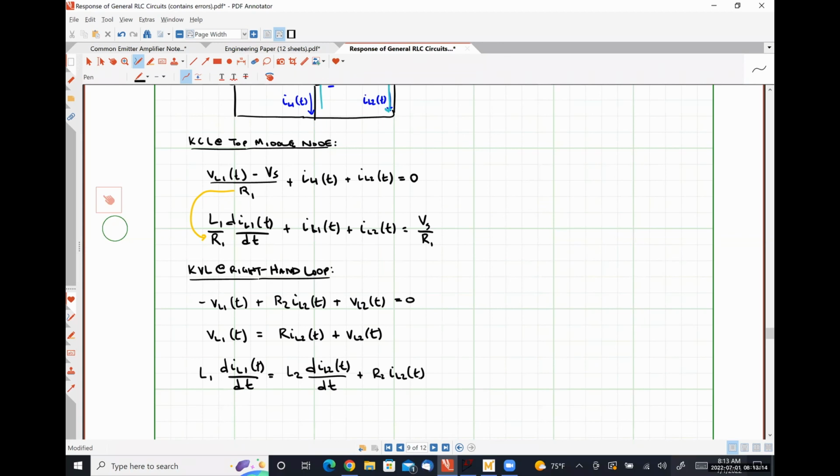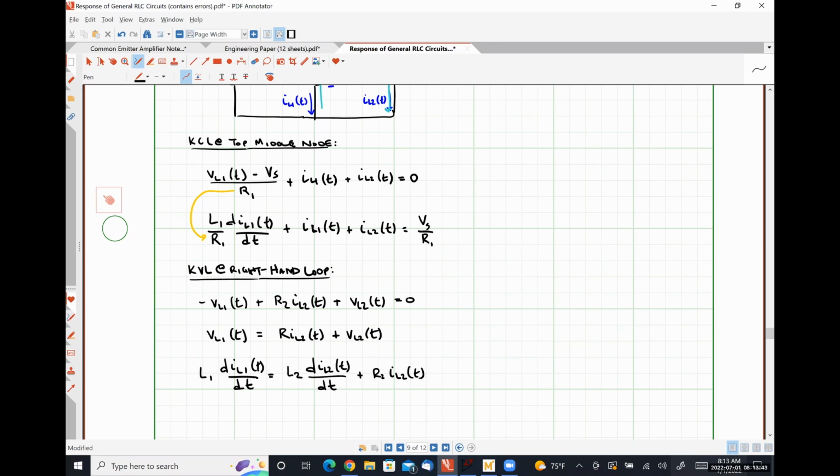And now I have to make a decision here, okay? So this equation that I just wrote from my KVL relationship expresses the derivative of inductor current IL1 in terms of the derivative of inductor current IL2 plus the current IL2, including some coefficients here, right? Well, my goal is to make a second order differential equation.